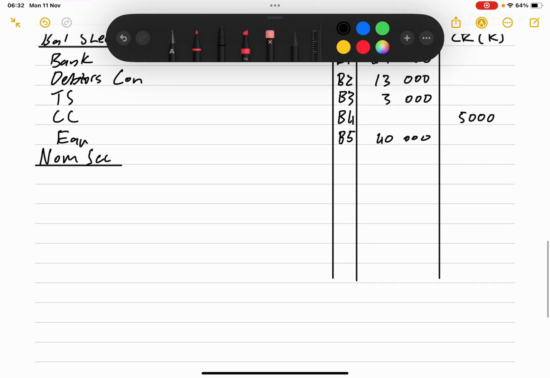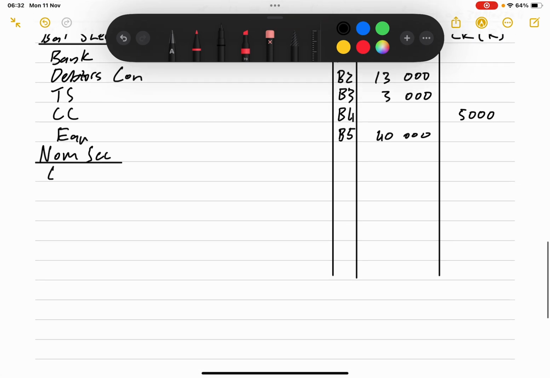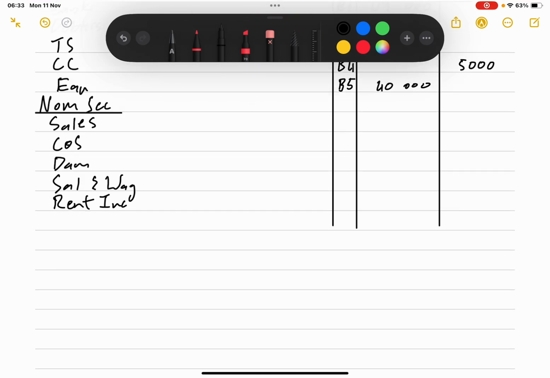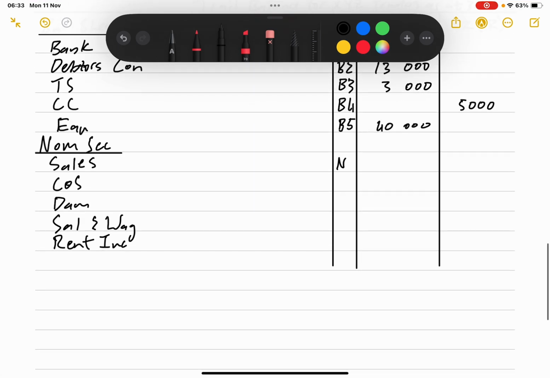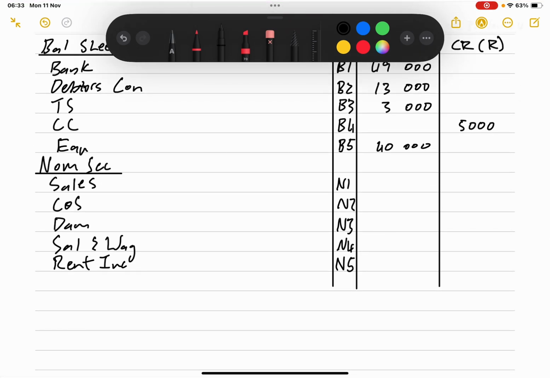And then for your nominal section, you'll have creditors, sales, cost of sales, damages, salaries and wages, rent income, rent expense, and the list just goes on. These will be your N1, N2, N3, N4, N5, N6, N11, and so on. And these will all have balances.